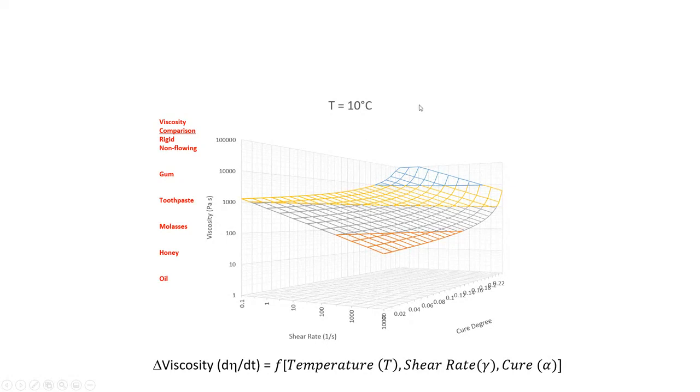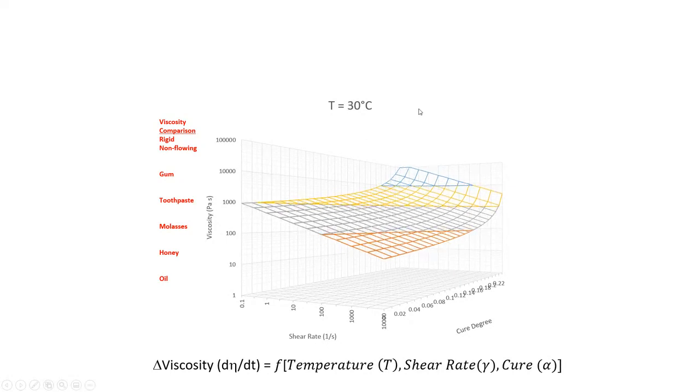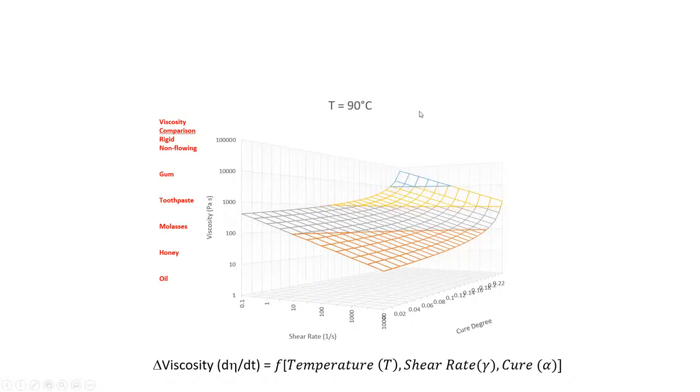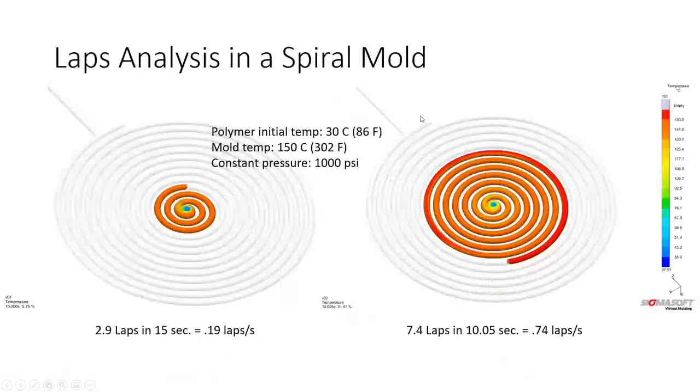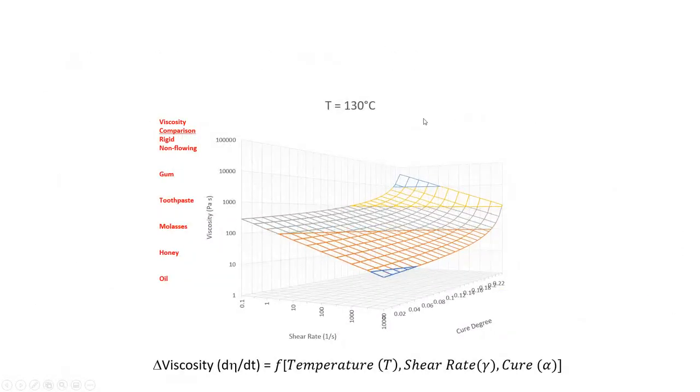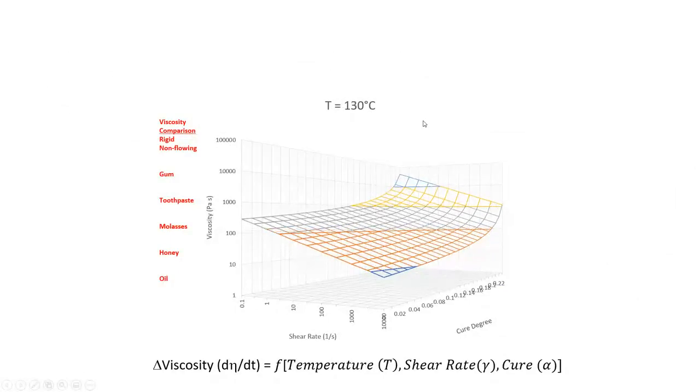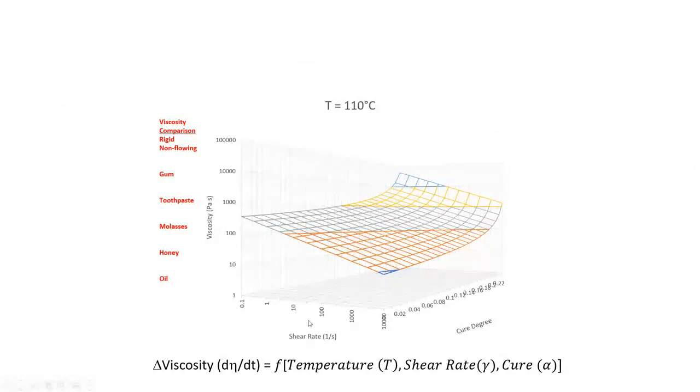You'll note that as I change the temperature, the graph plane is moving. I can move it up and down, back and forth. And what I can do is show you the viscosity of the material in response to shear and cure degree.